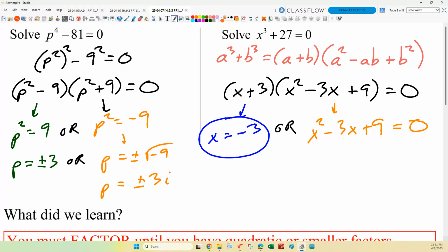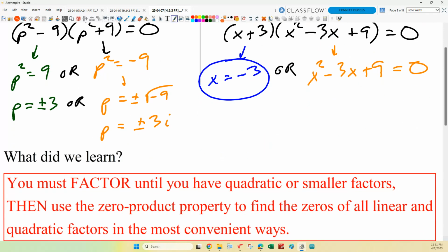How would I solve this one? Everybody agree? We know there are no magic numbers. B is odd, so we would just use the quadratic formula. And what would we get? X equals 3 plus or minus square root of 9 minus 4 times 1 times 9. What's 4 times 9? 36, okay. All over 2.